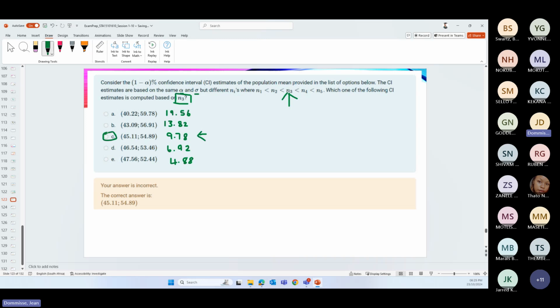Okay, with this one you could try and use numbers, but the easiest is to say we're looking for N3. N3 is the one in the middle. Another way to look at it is which of your lowest confidence limits is the smallest or the third smallest, or your upper confidence limit is the first smallest.